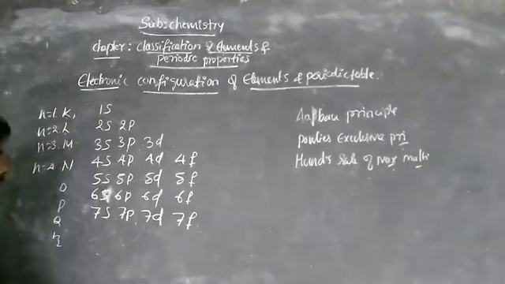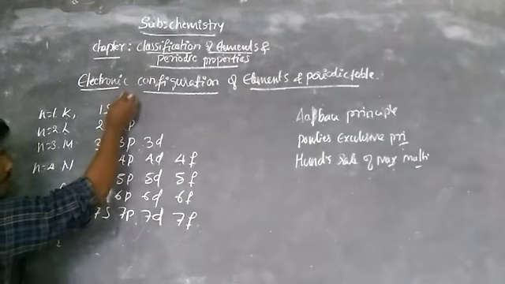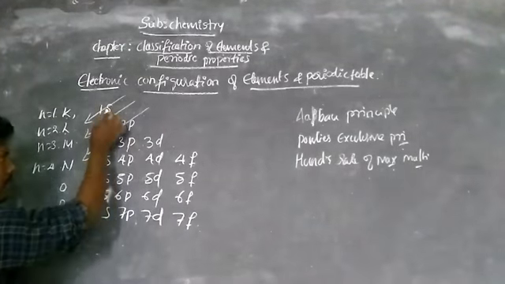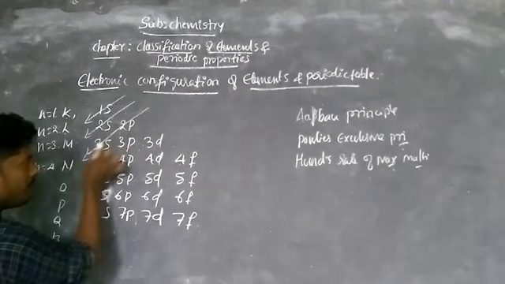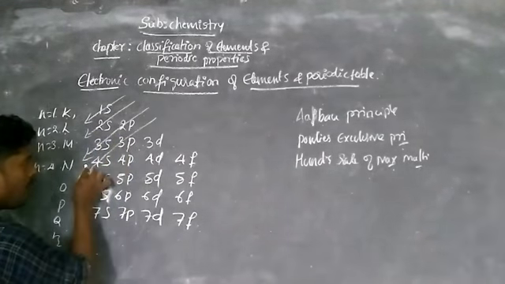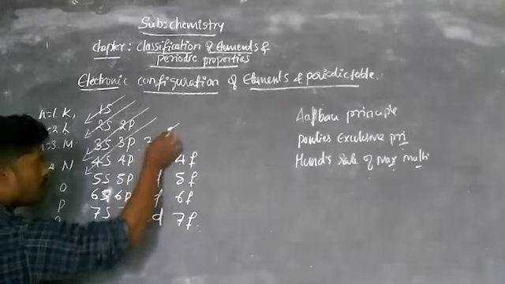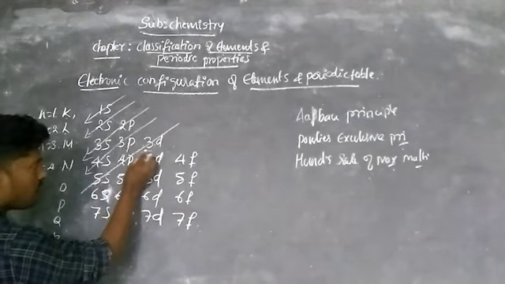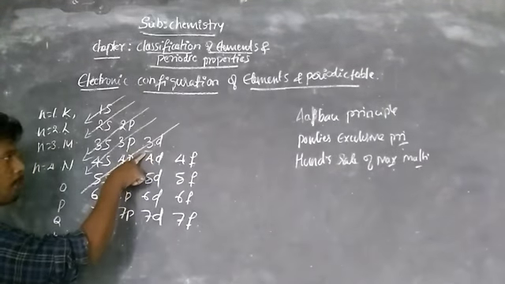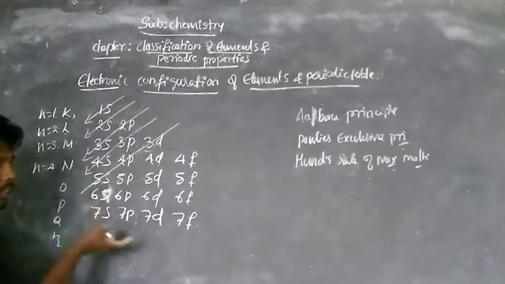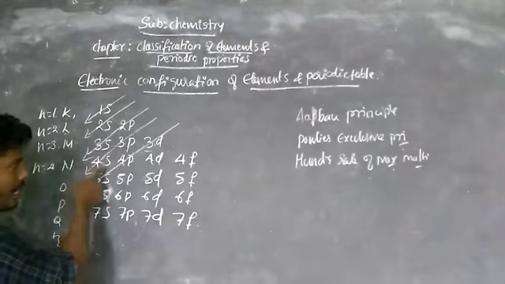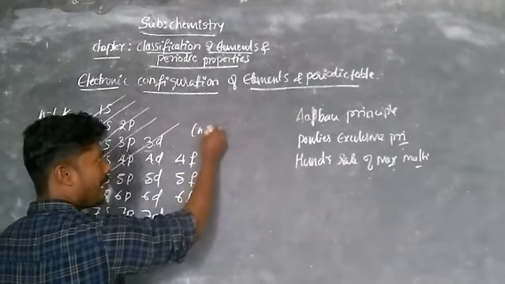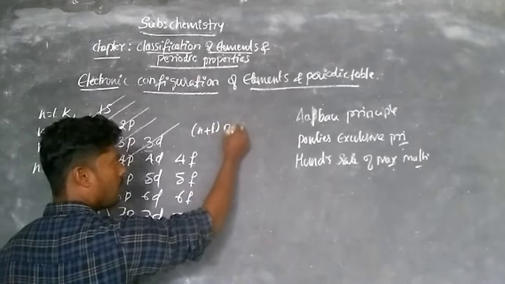So listen, for the filling of electrons we write arrows. It means filling 1s, then we go to 2s, then 2p, then 3s, then 3p and 4s. After that 3d, 4p and 5s. Here for 3d the principal quantum number is 3, which is less than 4, but after filling 4s we go to fill 3d because of the n plus l rule.